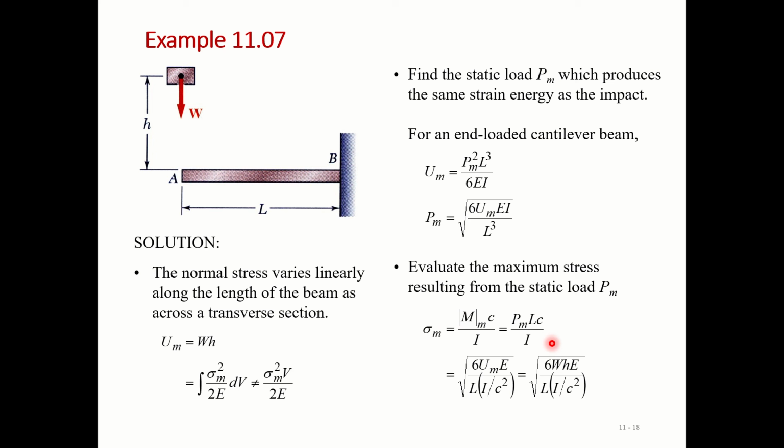So PLc over I, and the maximum stress will be equal to the square root of 6 UmE divided by L times I over c square, and this Um we can relate, since the strain energy of the dropping load is converted completely into the strain energy of this beam. So we can replace this Um by this relation, and we can find out the maximum value of this stress.